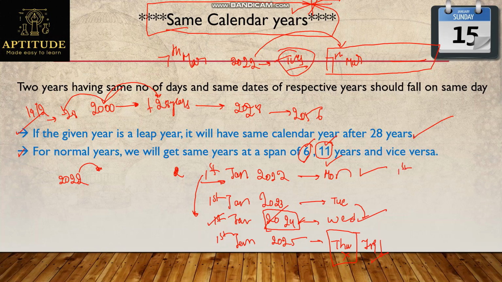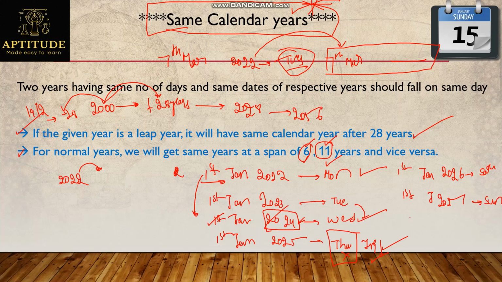Now go on with the next one. 1st Jan 2026. So as it is coming Friday, 2025 is not a leap year, so it will go to the next one. 2026 plus 1, that is Friday plus 1, it will be Saturday. So it is not same. So 1st Jan 2027. So it is Sunday.